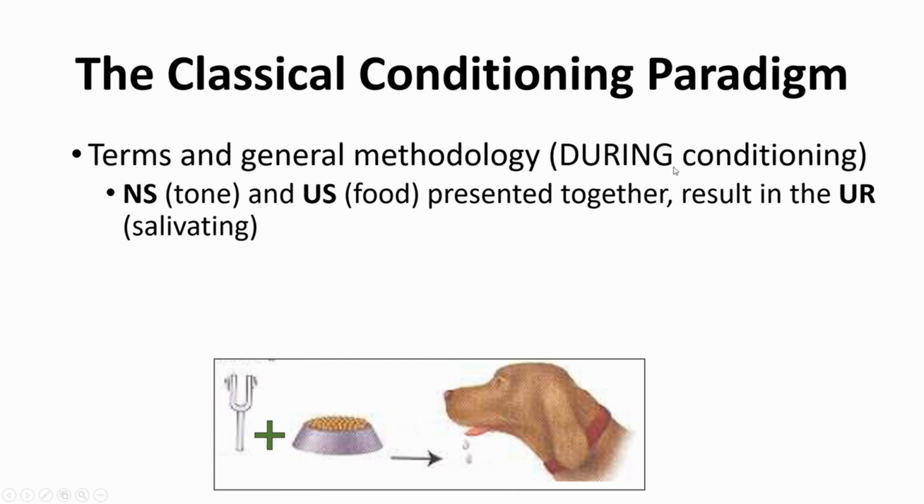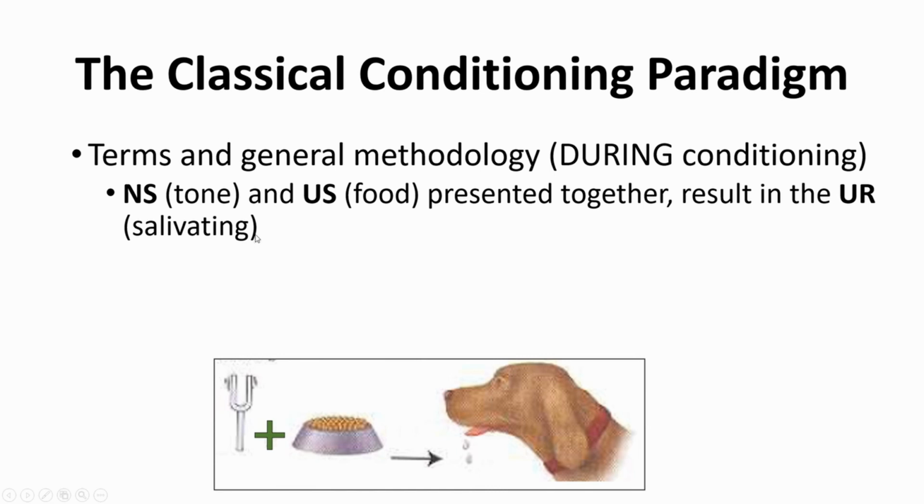And the conditioning process is simply us associating that neutral stimulus at the beginning with our unconditioned stimulus and presenting them together, and the presentation of both together results in our unconditioned response. So our tone is presented at the same time as our food, and the dog starts to salivate.